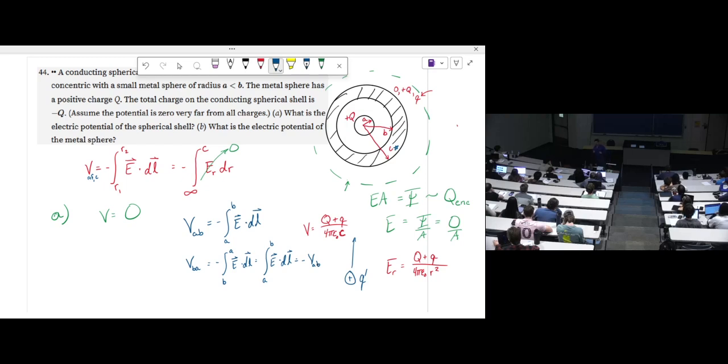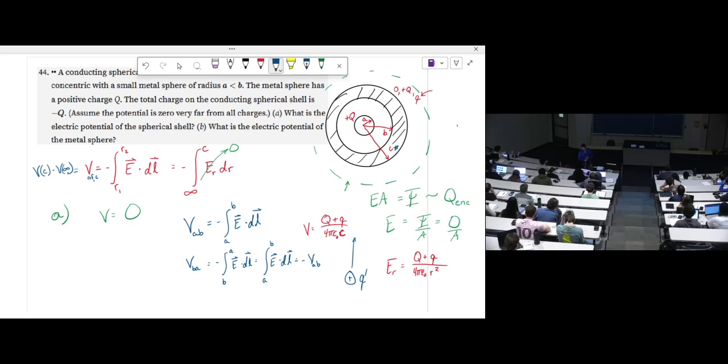Because we want V at C with respect to infinity here. Come talk to me about it afterwards. Maybe we can clarify it, but just for the sake of time, let's take a look here.